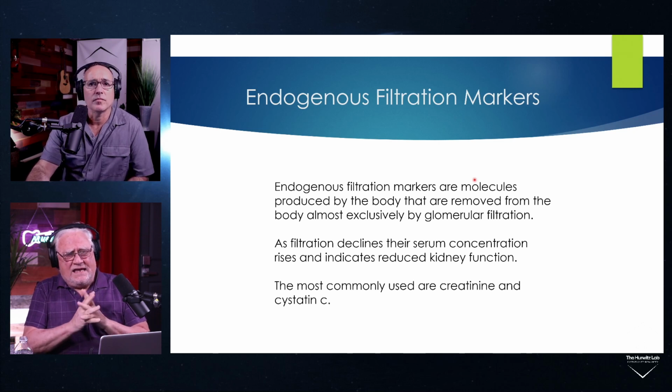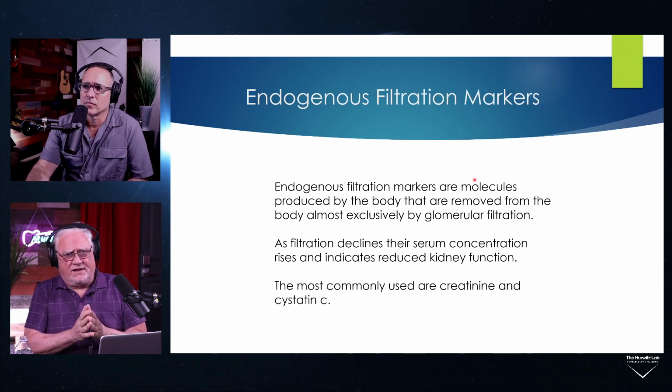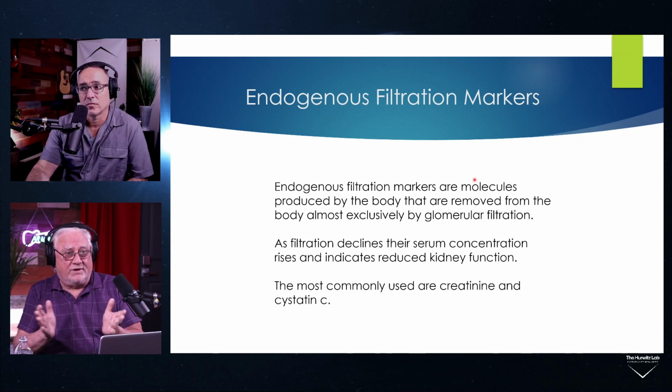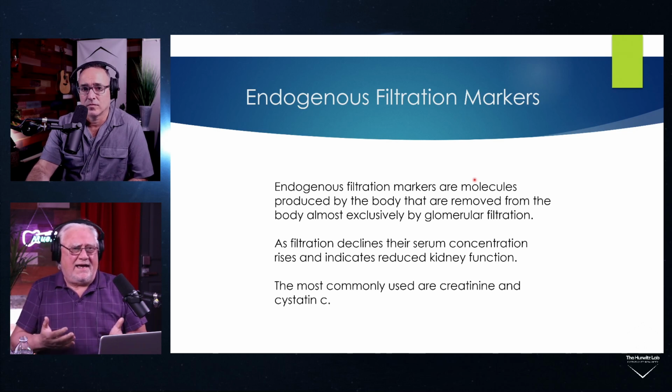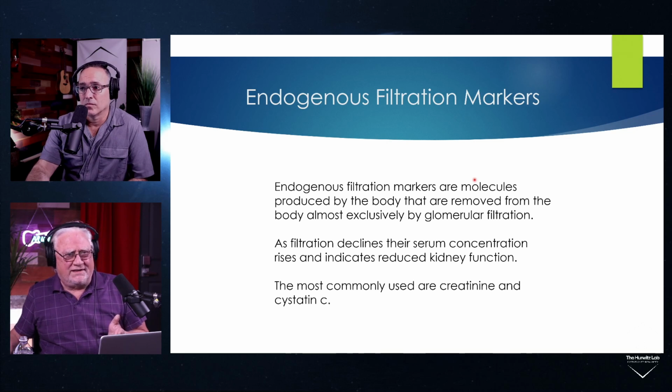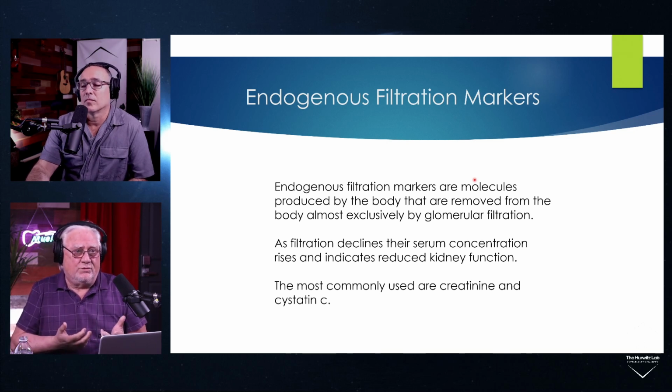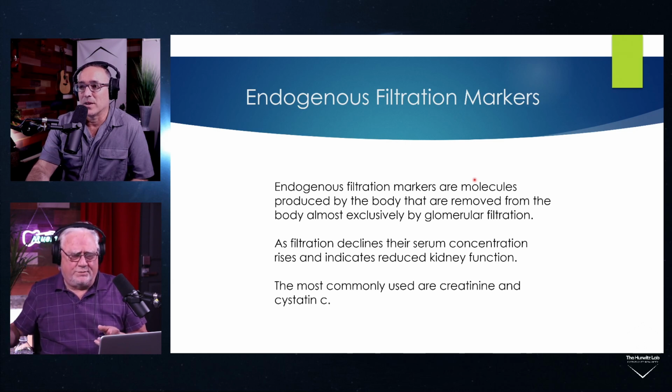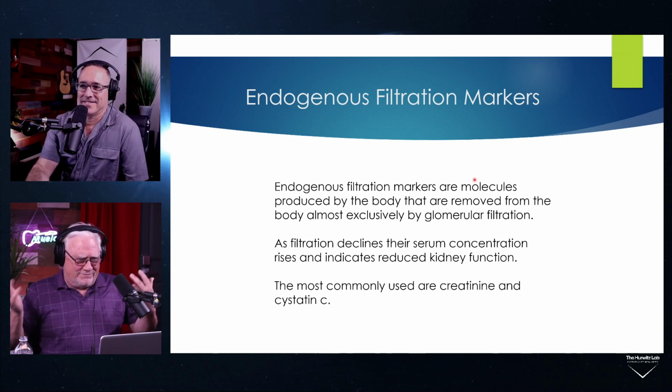And if you have that kind of filtration marker, although the two big ones are creatinine and cystatin C, with creatinine, you can do a urine collection and see what it is. With cystatin C, you can't do a urine collection because it's filtered, goes into the proximal tubules, reabsorbed, and processed. It's hydrolyzed and goes back.